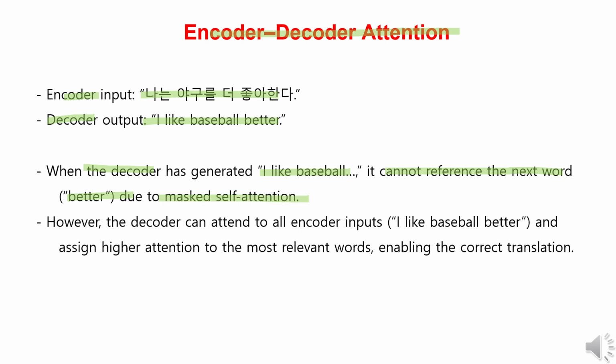This restriction is enforced by the masked self-attention mechanism discussed earlier. Separately from this, however, the decoder can attend to all encoder inputs, "I like baseball better," and assign higher attention to the most relevant words, enabling the correct translation.